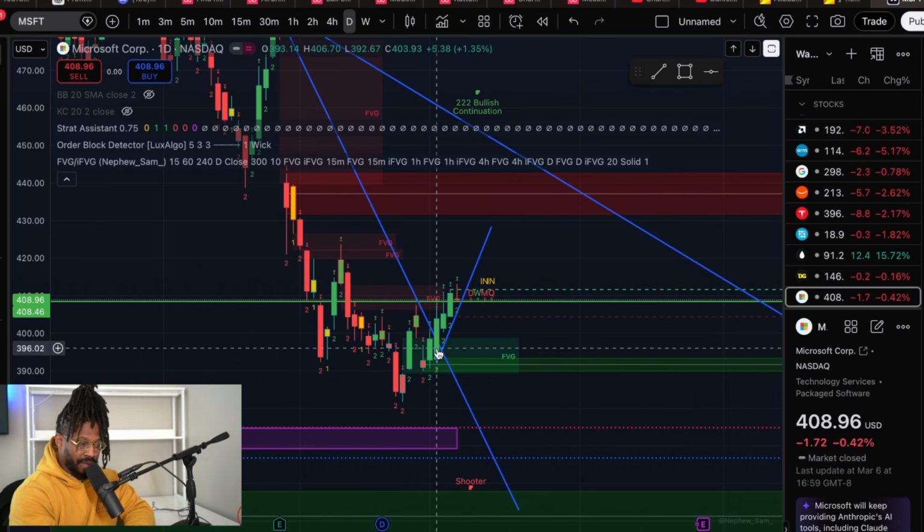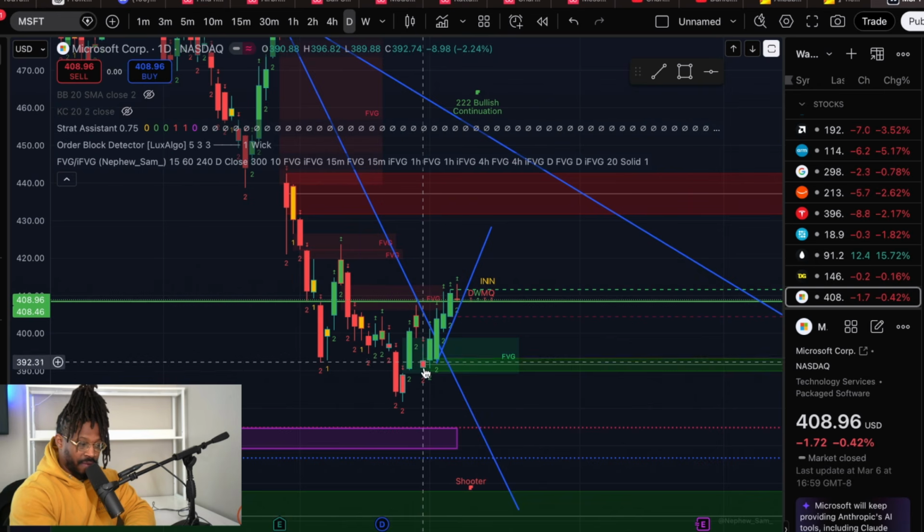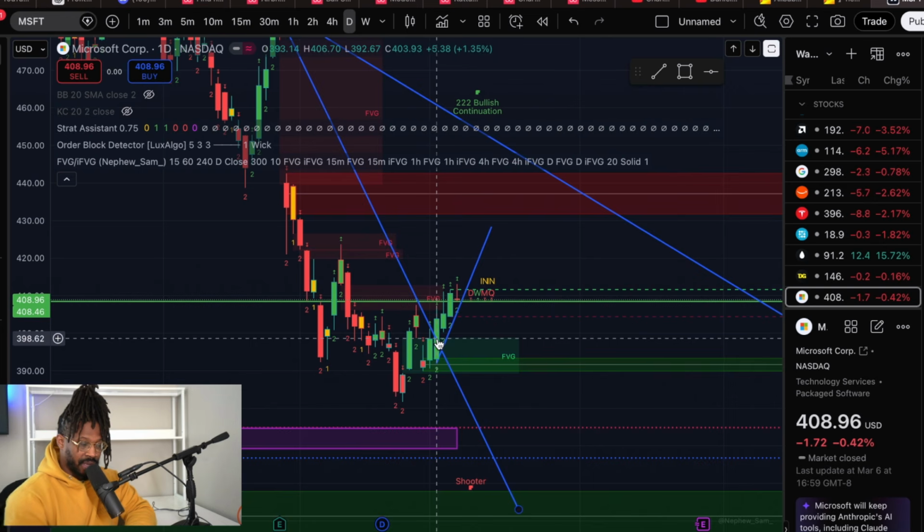It came down to fill this fair value gap right here, which is also at an order block, and then it formed a reversal to head in the other direction. Okay, fair value gaps, liquidity, order blocks, they are all the same when it comes to targets, because it's at the edge of them or in the midst of them that a decision is being made.